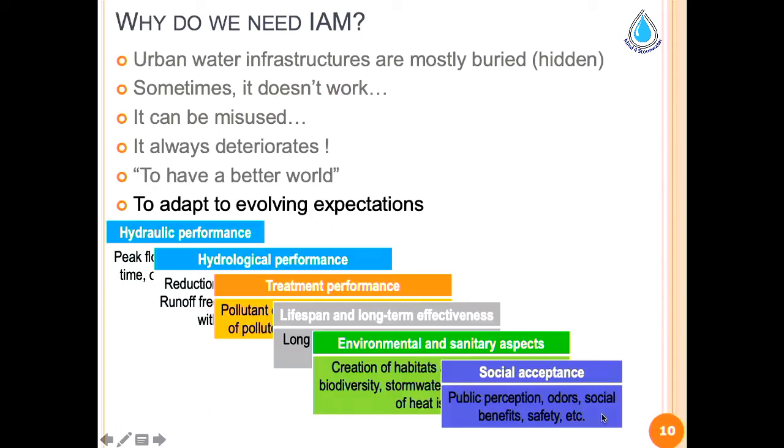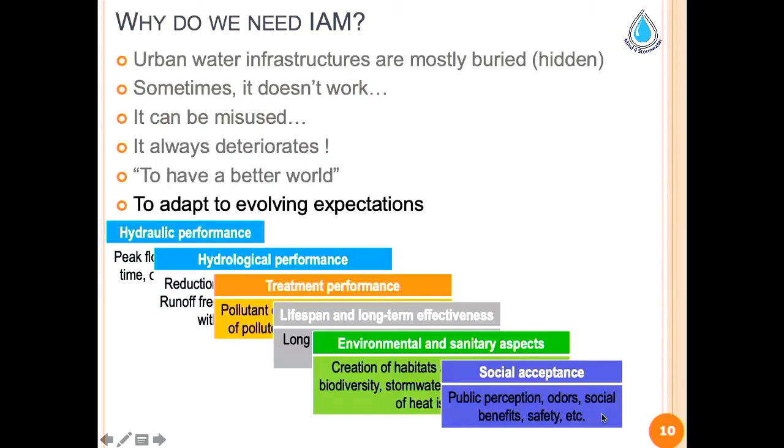When you have a porous parking, it's also a parking. When you have a garden with a swale, the swale will be made to manage stormwater, but the swale is also here to enhance the surroundings. And it's also here maybe to preserve the biodiversity.